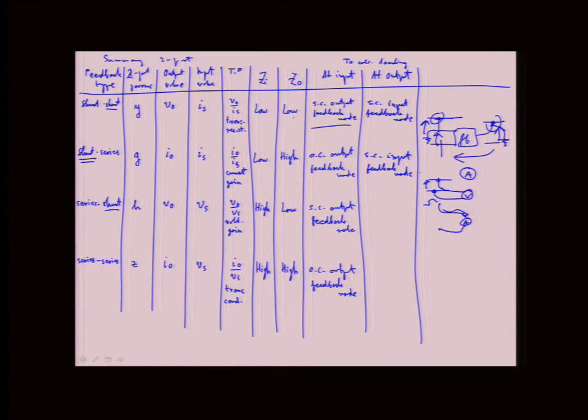Okay, next one. The input circuit is now in this configuration in series, right? So I could say that, okay, there is an amp here, and feedback is now in series, right?